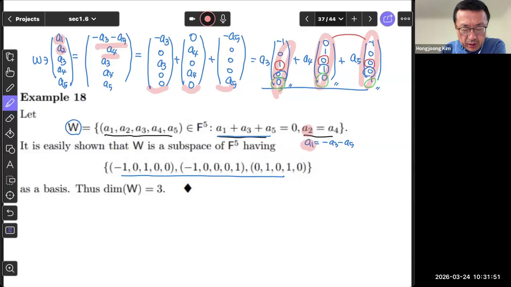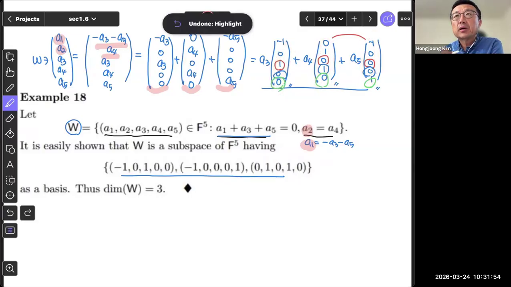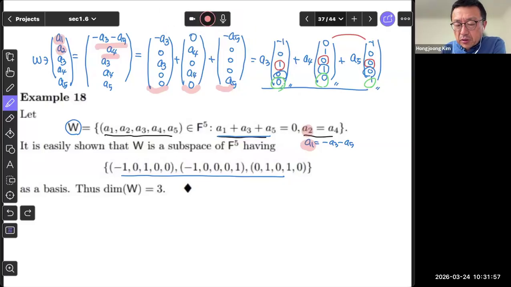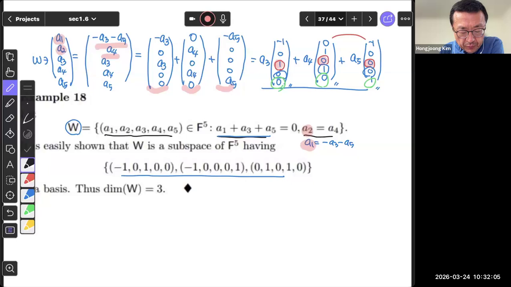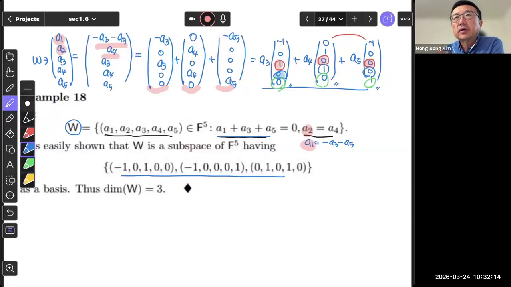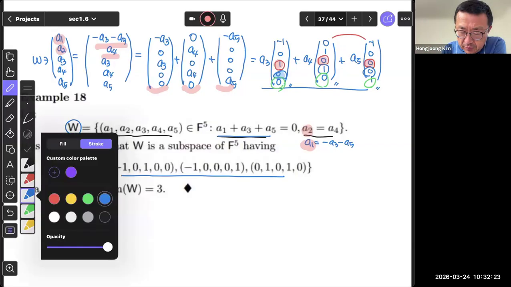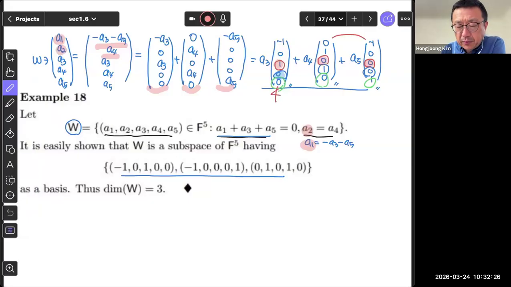And when I say they are linearly independent, you can just look at the locations of A3, and when I look at the third entries, 1 0 0, that means this vector, the first one, cannot be written as a linear combination of the other vectors, right?